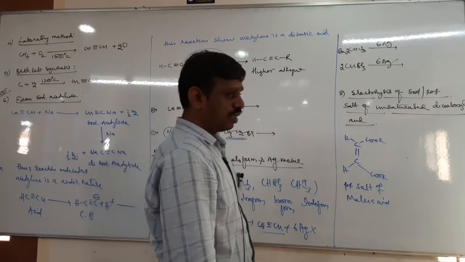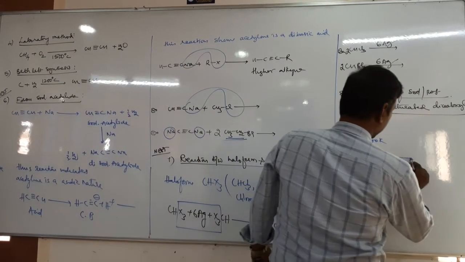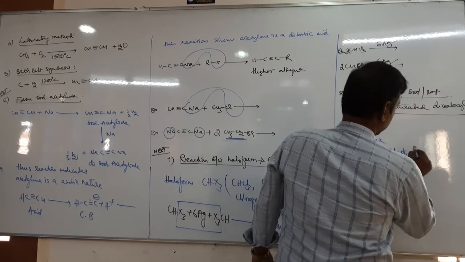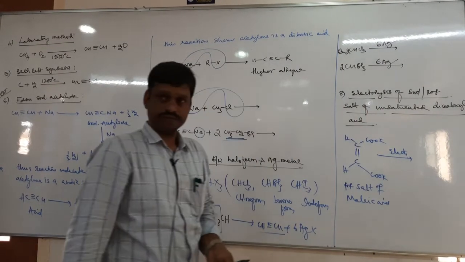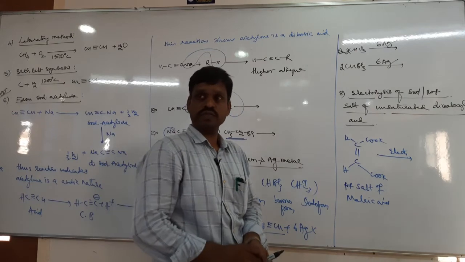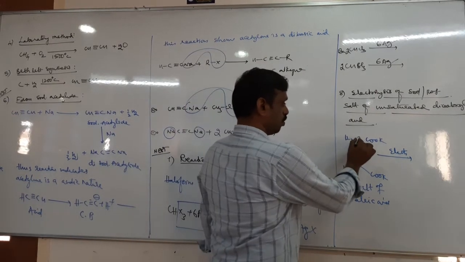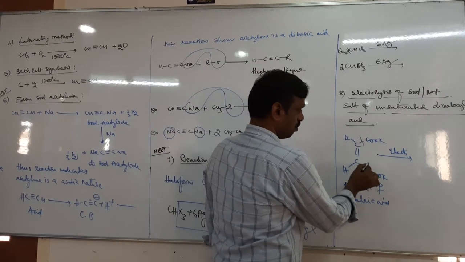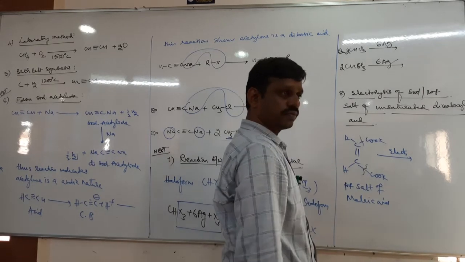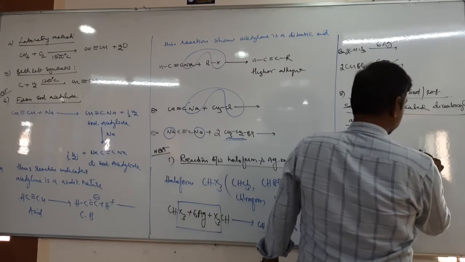Okay, and tell me, it undergoes electrolysis. Then how to write the product? Or what are the products? Tell me first. So the bond is cleaved here, the bond is cleaved here. It becomes what?